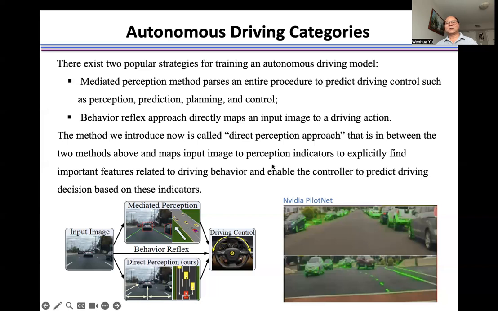Right now, the direct perception method is just like inserting one stage into the end-to-end model to explicitly find the preceding cars that are important for the self-driving model.